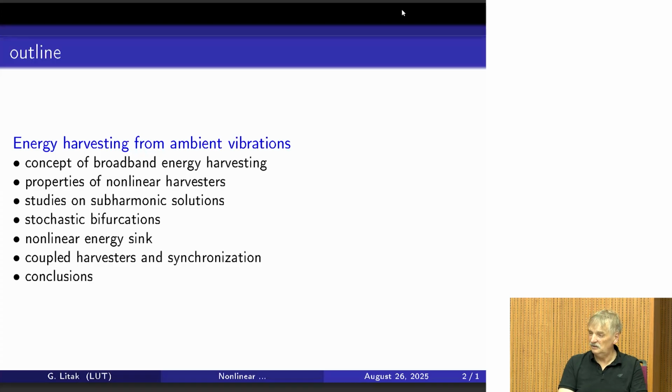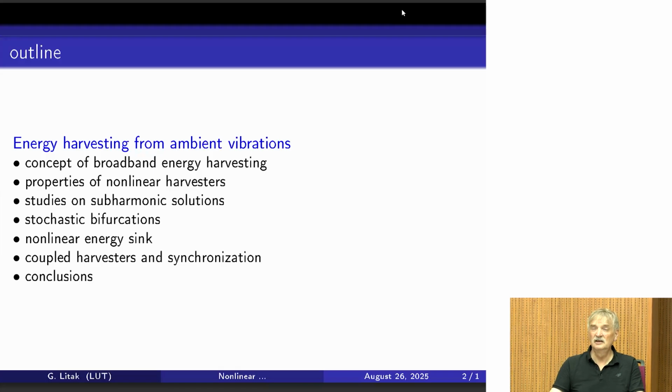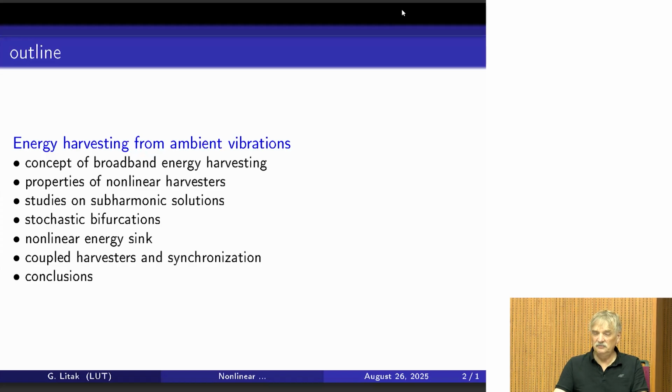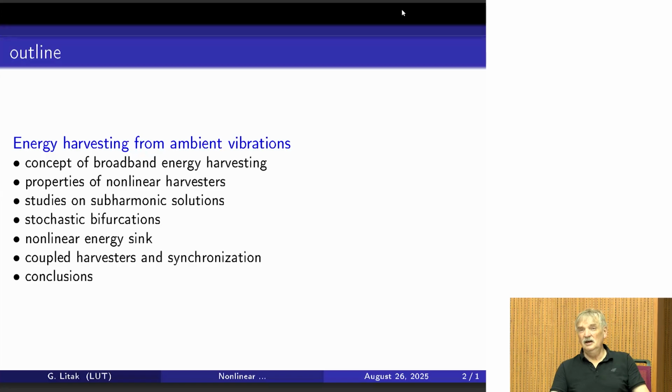I told you that in a nonlinear system we can change the response frequency with respect to the input frequency. So we have one signal from the ambient vibration with a given frequency, but because our device is nonlinear, we can have a different frequency in the output, and this is also a subharmonic solution.